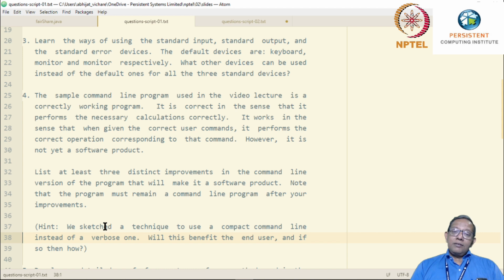The fourth question: the sample command line program used in the video lecture is a correctly working program. It is correct in the sense that it performs the necessary calculations correctly. It works in the sense that when the user gives the correct commands, it performs the correct operation corresponding to that command. However, it is not yet a software product.